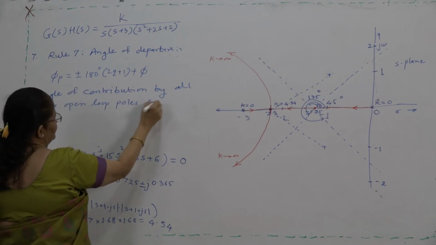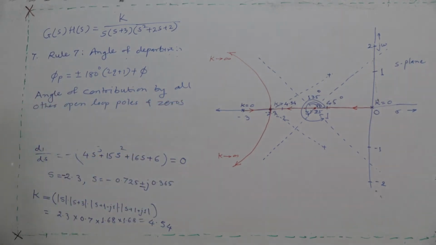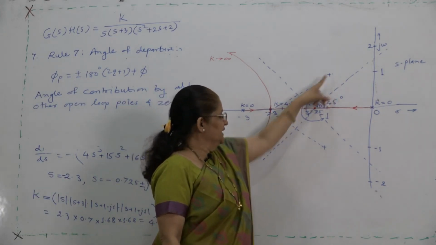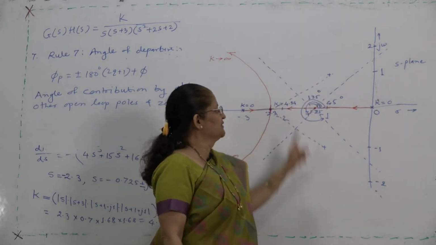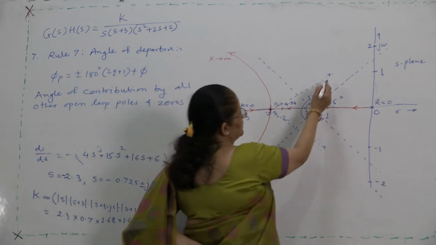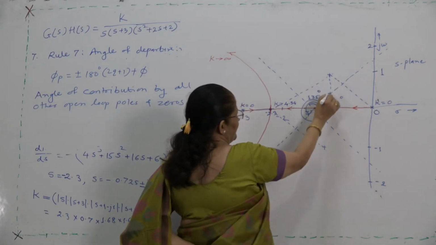So, find out this now. How to find phi now? What is phi? The angle of contribution by all other open loop poles and zeros.